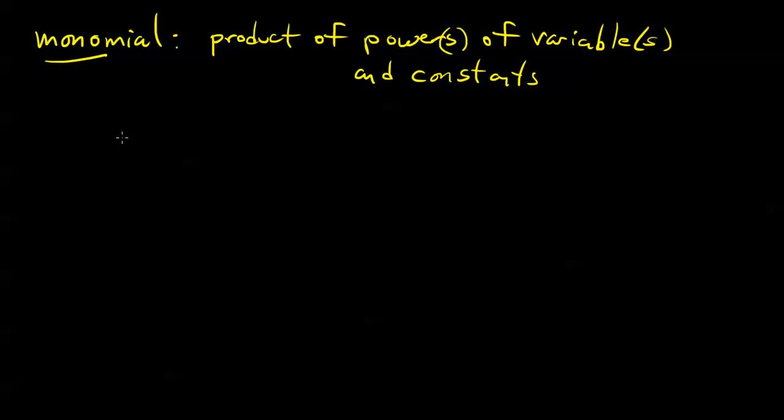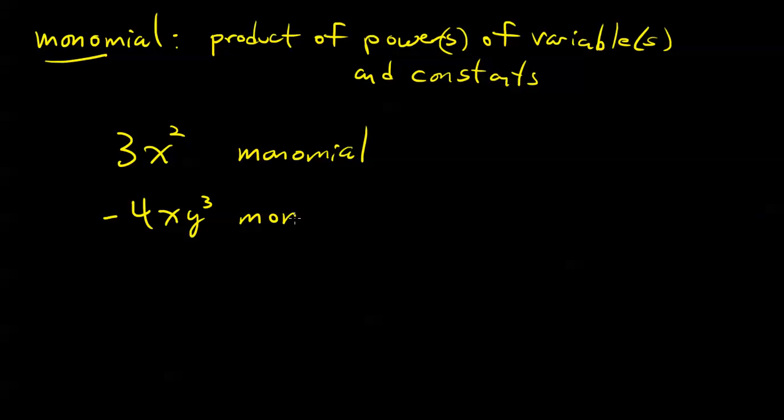Alright, so if I write down 3x squared, I call this a monomial. It's a monomial because it's a product of powers of variables and a constant. Minus 4xy cubed is a monomial. There's more than one variable, but it's again a product of powers of variables and constants.